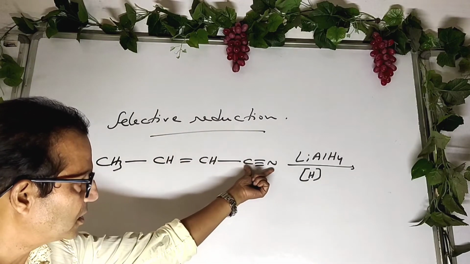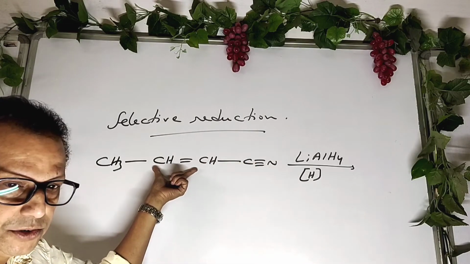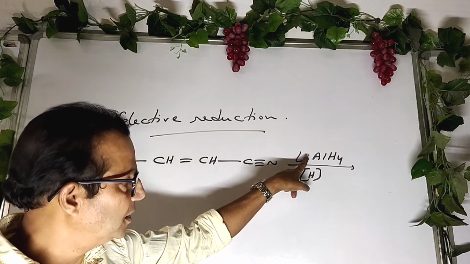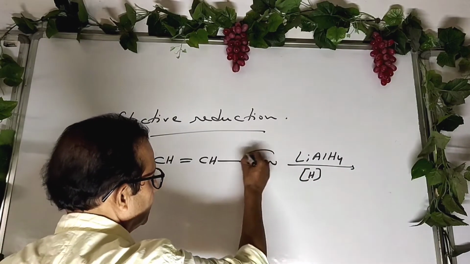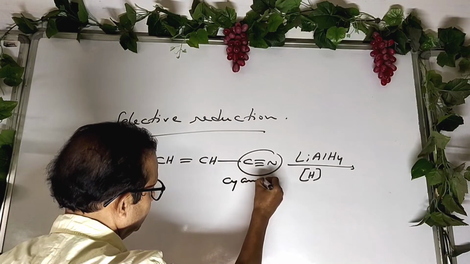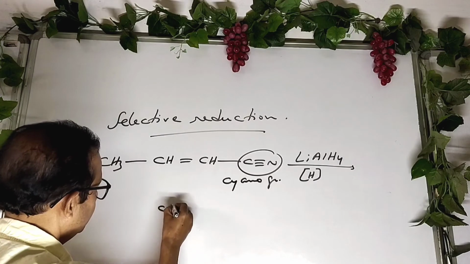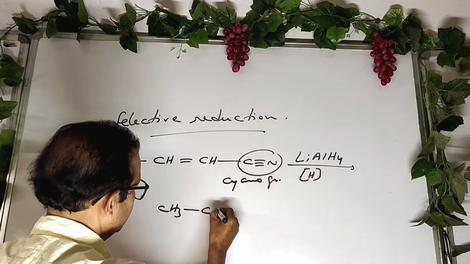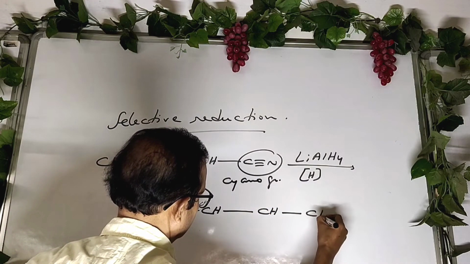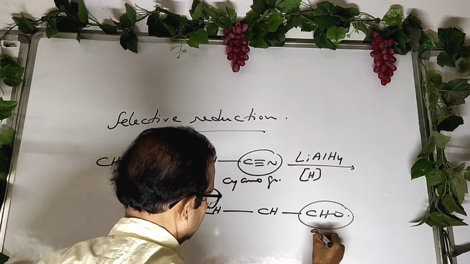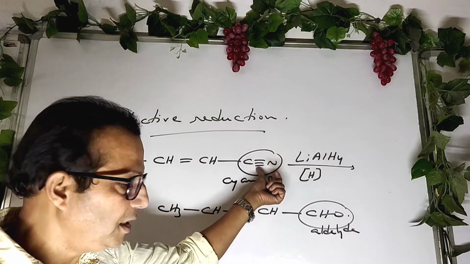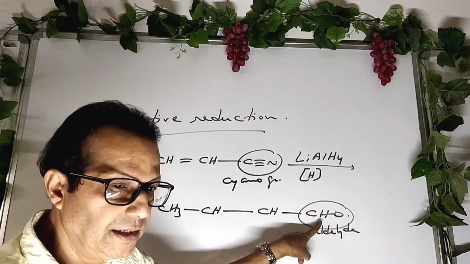The compound contains a cyano group as well as a double bond. Lithium aluminium hydride, being a strong reducing agent, reduces the cyano group into aldehyde.